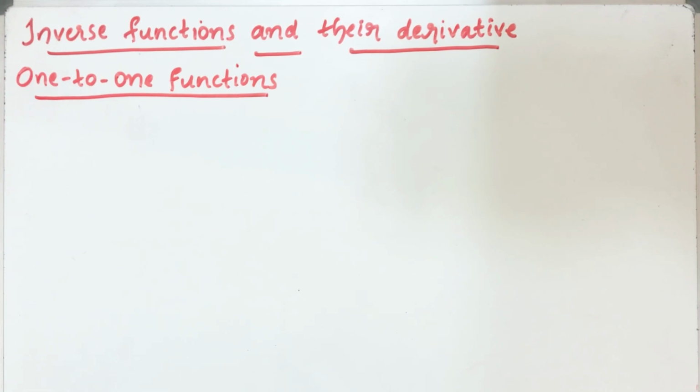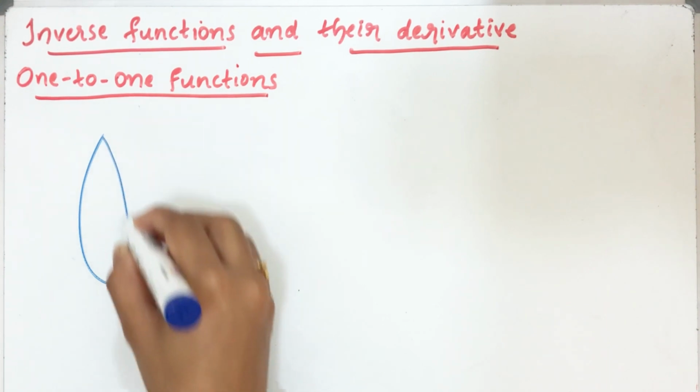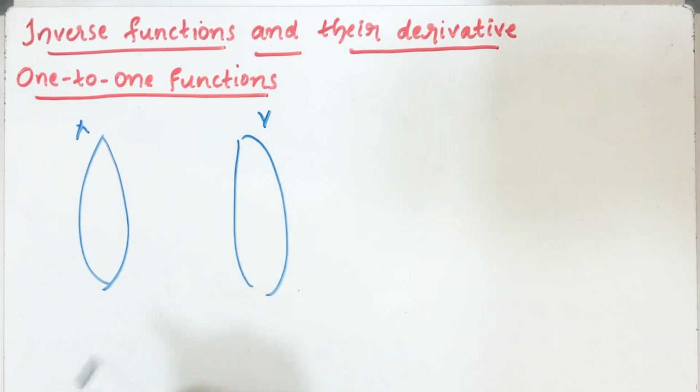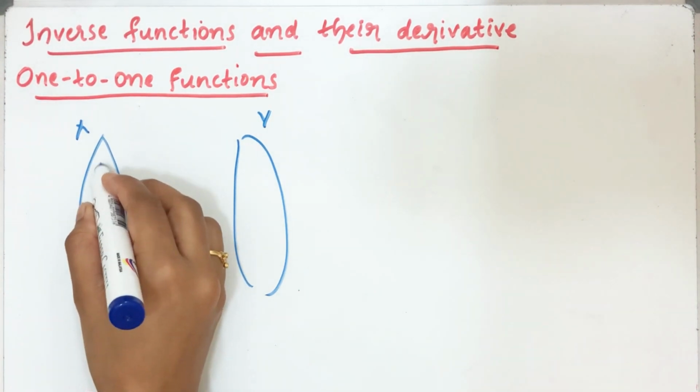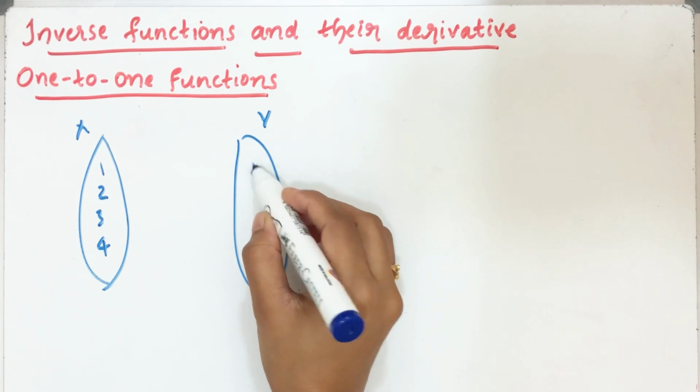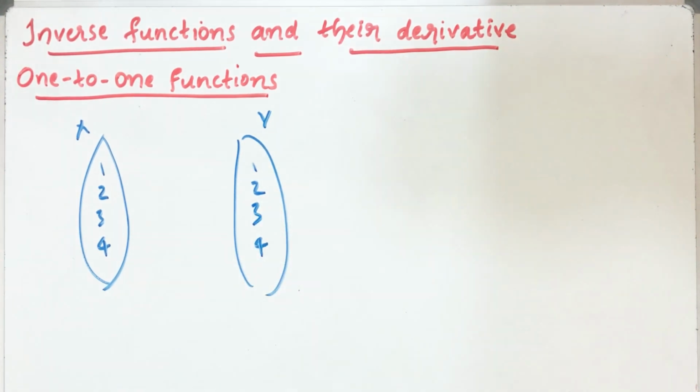For example, we have two sets x and y. X is equal to 1, 2, 3, 4. Y is equal to 1, 2, 3, 4. Each element of x should have exactly one element in y.